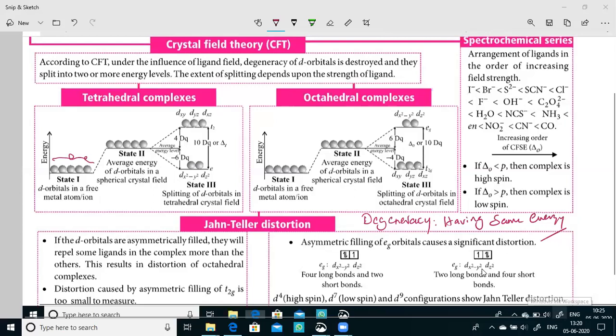When the ligand approaches very closely, and the distance between the ligand and metal ion becomes less, the degeneracy of the d orbitals is removed. That means the d orbitals will split into two. The d orbitals are split into two sets of orbitals.